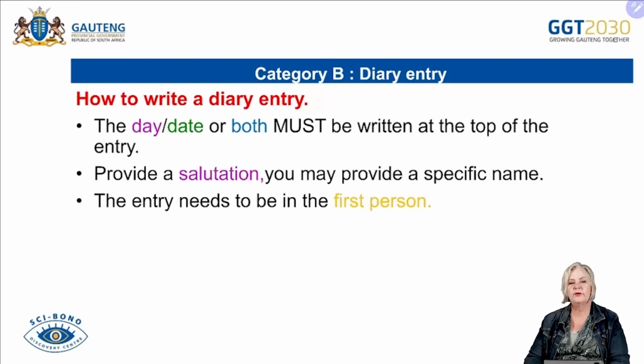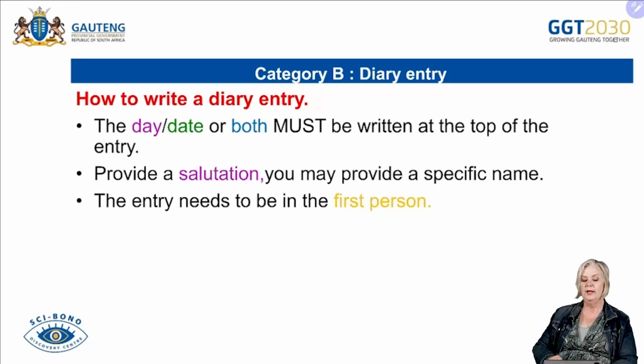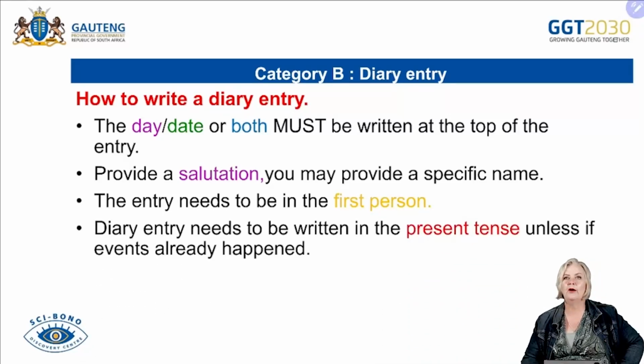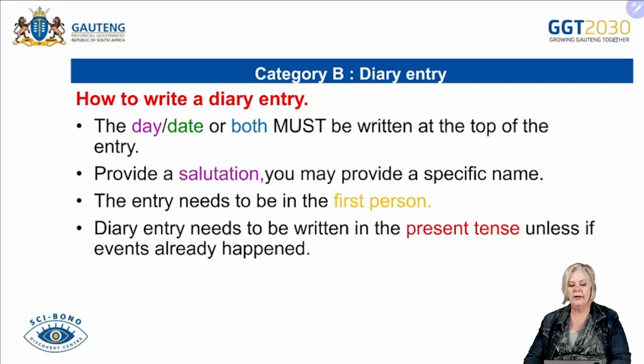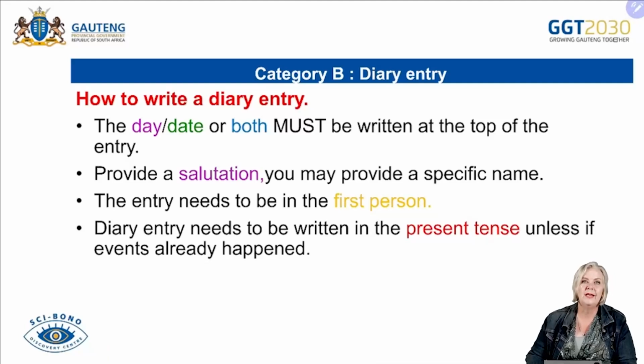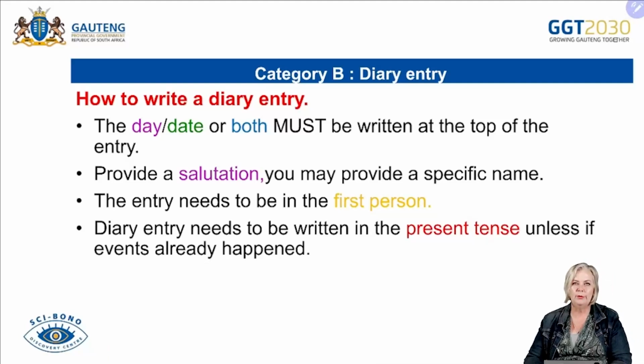The entry needs to be in the first person. Remember, this is a personal piece of writing, so you need to focus on first person writing. The diary entry needs to be written in the present tense unless events have already happened. Then obviously you would refer to something in the past.